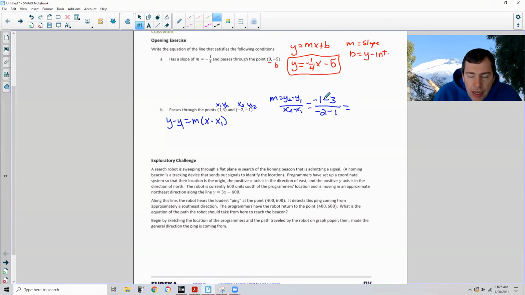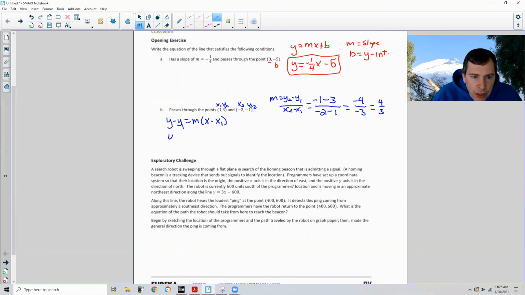So that's going to give me -1 minus 3, which is -4, and -2 minus 1 is -3, and a negative divided by a negative is a positive. So I get 4/3. There's my m. Then I substitute in one of these 2 points. I prefer to deal with positive values, so if I put negatives in, a minus and a negative becomes a plus. You can use either one of these points, it doesn't matter.